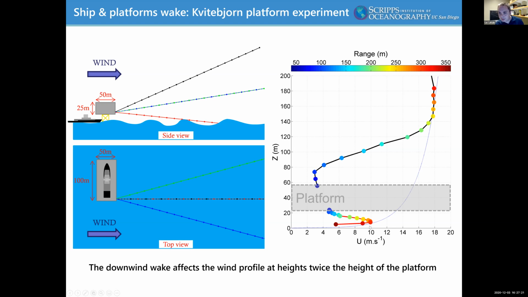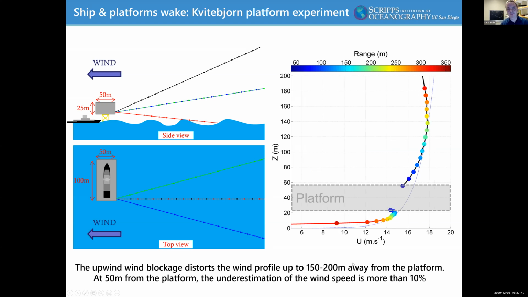You would have expected the data to lie on this curve, more or less, but you see this drastic reduction in wind magnitude that extends pretty far away from the platform, up to 250 meters or more, and also affects the height. You can think of it as a scaling: for a 50-meter platform, it's about twice the height of the platform.